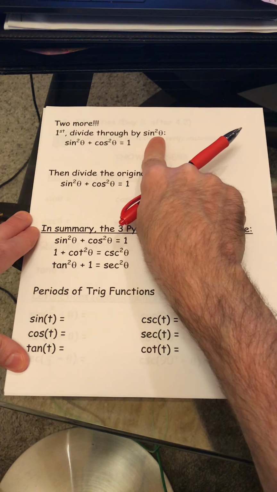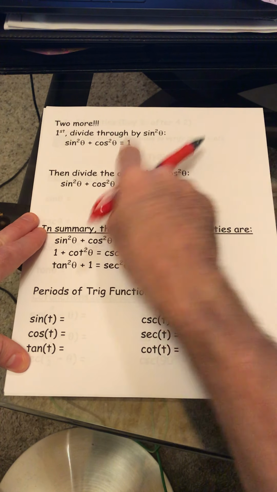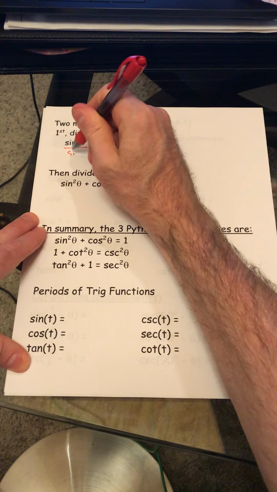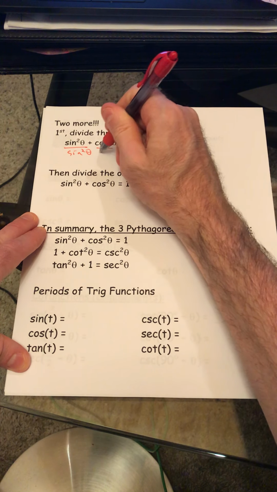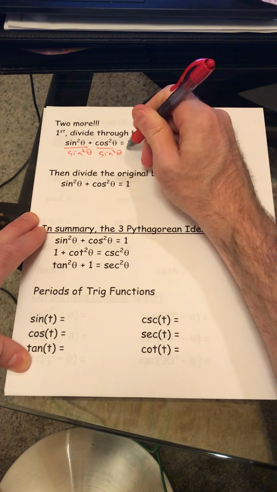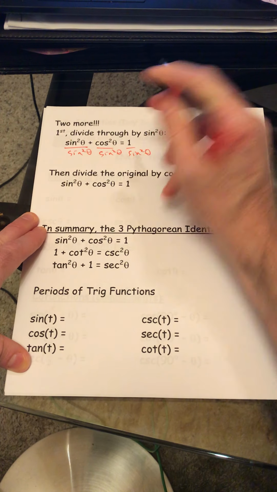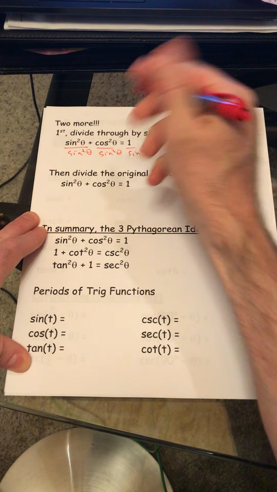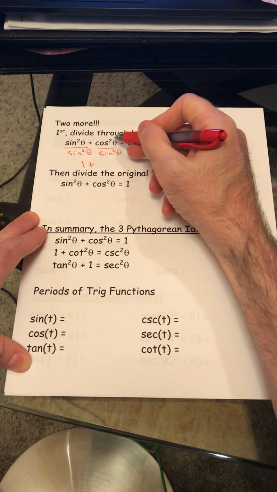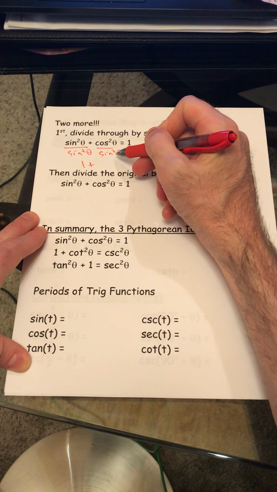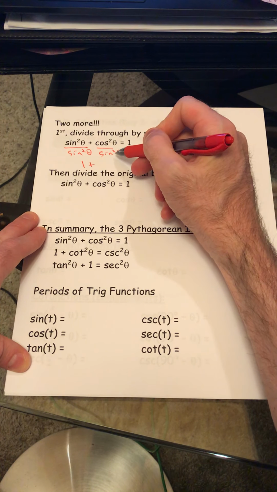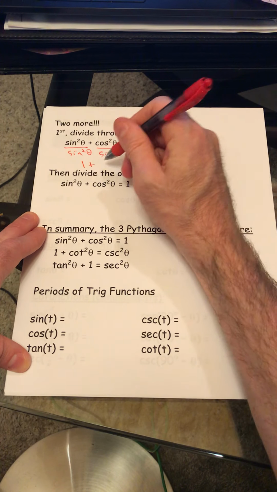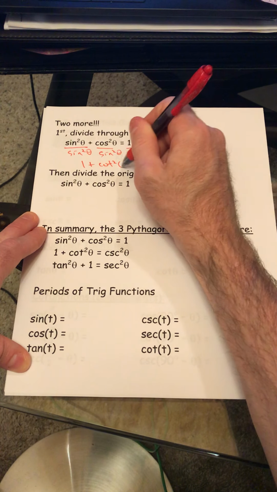If we take sine squared plus cosine squared equals 1 and we divide everything by sine squared, well, sine squared divided by sine squared is 1. Cosine over sine, going back to your quotients, is cotangent.